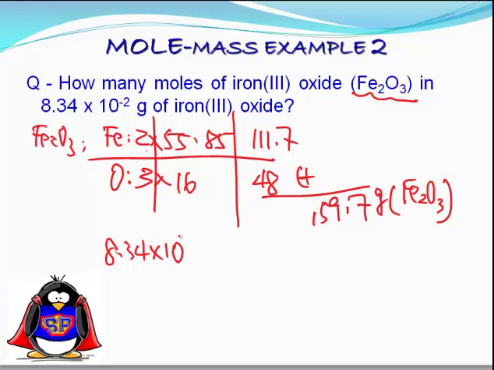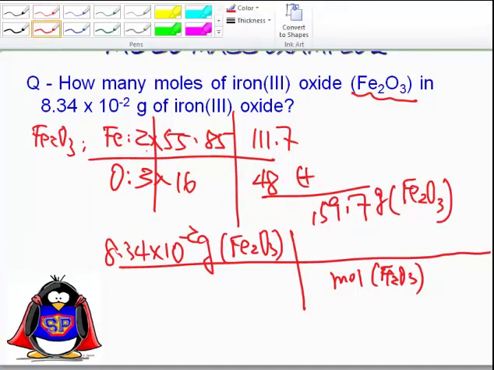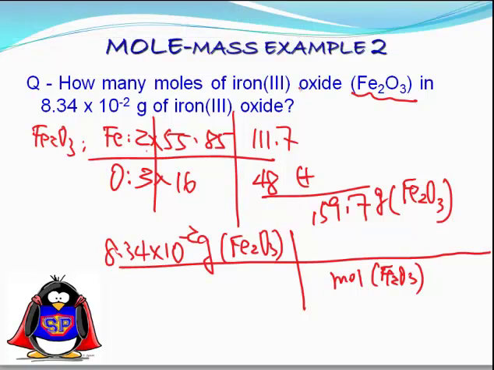Okay, so in this case we started with 8.34 times 10 to the negative 2 grams of what? That would be iron 3 oxide, and we know we have to cancel the grams, Fe2O3. Okay, see which one is... oh, actually I made a mistake, because now you cannot actually cancel the mole.